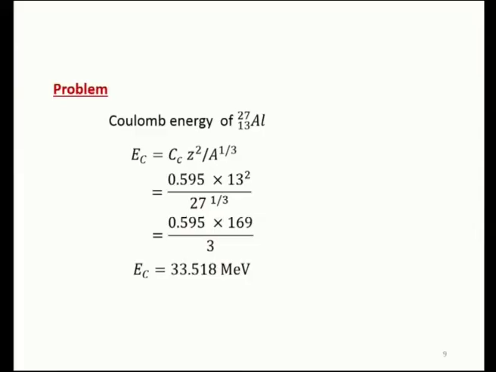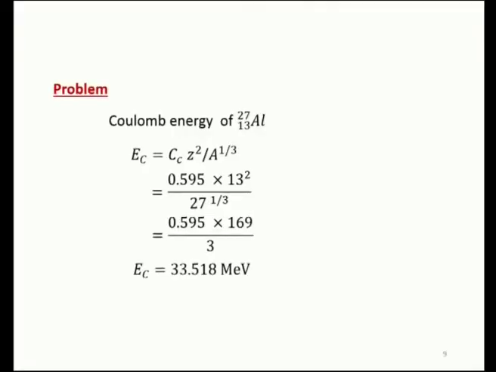Once you know this formula, we will be able to calculate the Coulomb energy of any nucleus. If you go for a bigger nucleus, the Coulomb energy is proportional to Z squared. As Z increases, the repulsive energy goes on increasing. That is why we are not able to get a very big nucleus. A big nucleus has a large Z, therefore the Coulomb repulsion will be large, so it becomes unstable and undergoes fission.